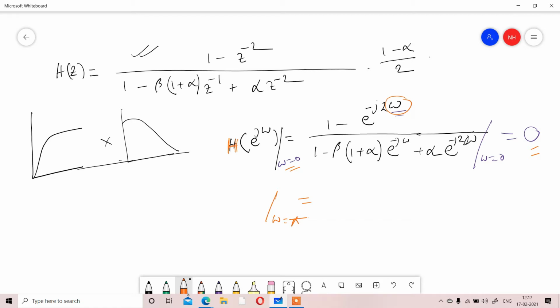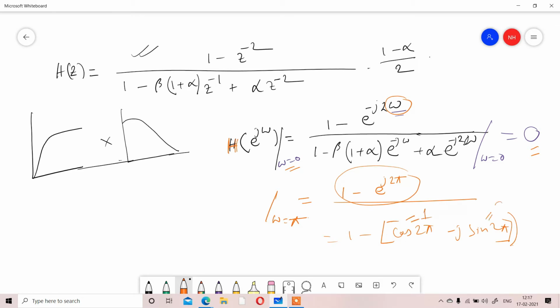The upper term, I am not considering the lower term, is 1 minus e to the power j 2 pi, or simply that expression you can write as 1 minus cos 2 pi minus j sin 2 pi within the bracket. The cos 2 pi value will be 1, the sin 2 pi value will be 0. So the numerator will give you 1 minus 1, that will be 0. So again the result will be 0.